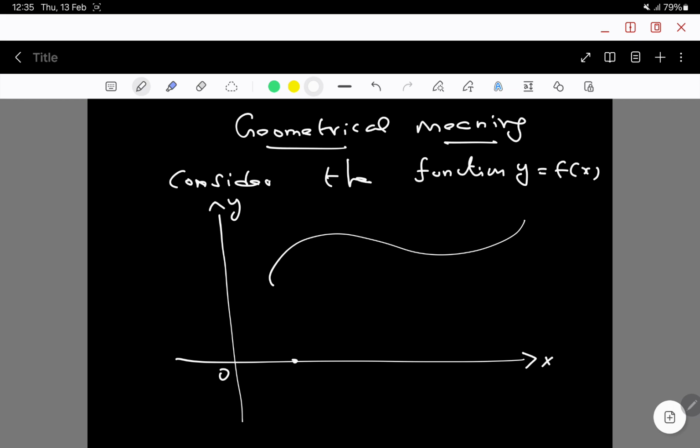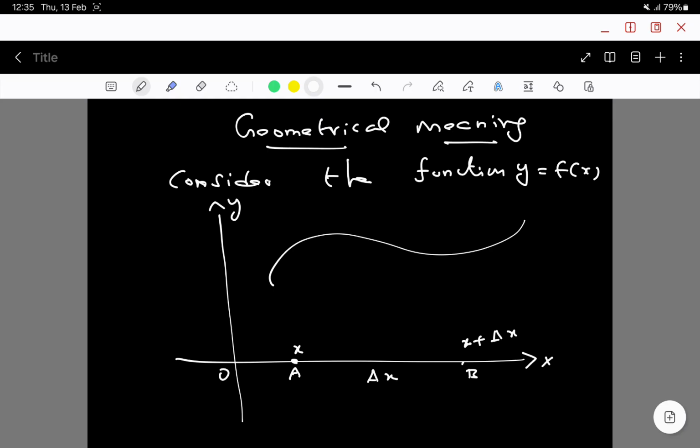Now this point is taken as A, this point is taken as B. The length of OA is x, therefore this point is x here, and the length of AB is delta x. Delta x is the increment of x value. The position of B is now x plus delta x, after an increase of delta x from the x value.